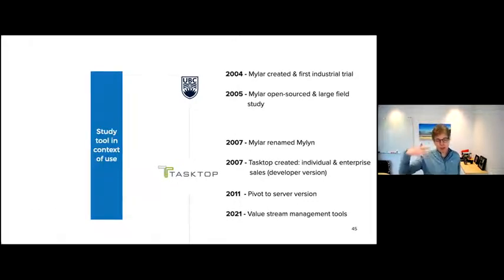So if you think about this kind of progression, all along it, both when it was open source and in academia, and as we moved into the commercial setting, we have always been studying the tool in the context of use. In the early days, we were doing field studies and monitoring developers' workstations when they were using the academic version of the tool.